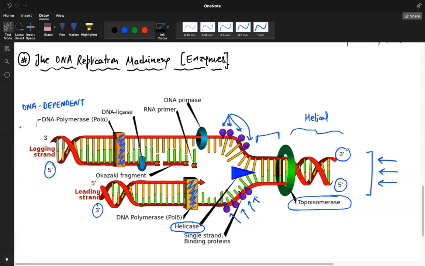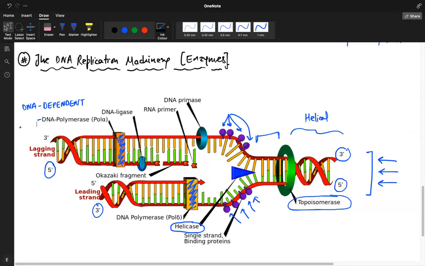So nucleotides, I already have told you, are the monomers of DNA, correct? One nucleotide contains what? What are the three components of a single nucleotide? Anyone quickly? What is a nucleotide, people? We did it in the last class. Phosphate, sugar, nitrogenous base.